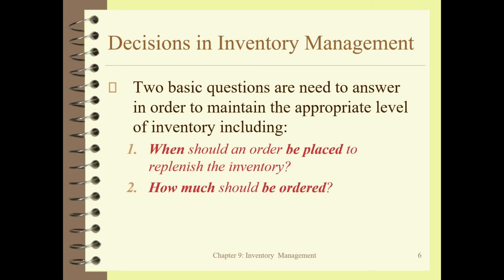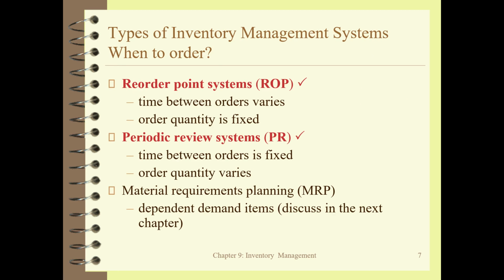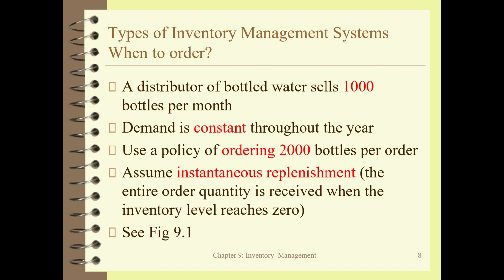So we need to give the answer to these two questions. We have three different types of inventory management system, and for this lesson we are going to focus only on the first two: the reorder point system and the periodic review system. Material requirement planning we are going to talk about next week.